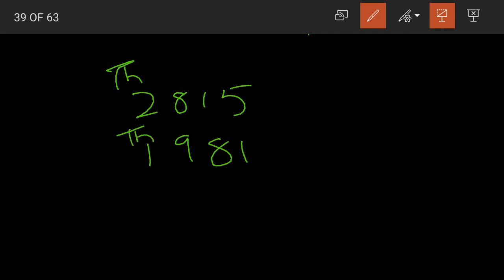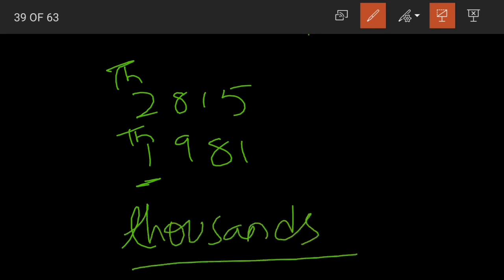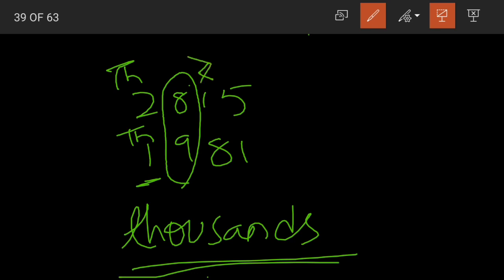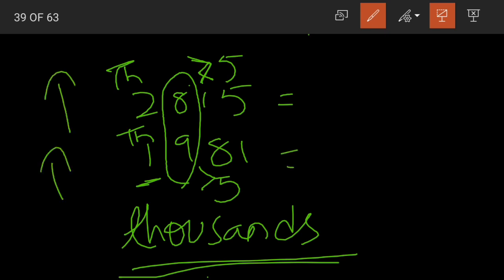Here both the numbers have thousands as their highest place value. So we'll round them off to their nearest thousands. How do we do that? We look at the digit in hundreds place. Now here 8 is greater than 5 and also 9 is greater than 5. So what will we do? We'll round up.